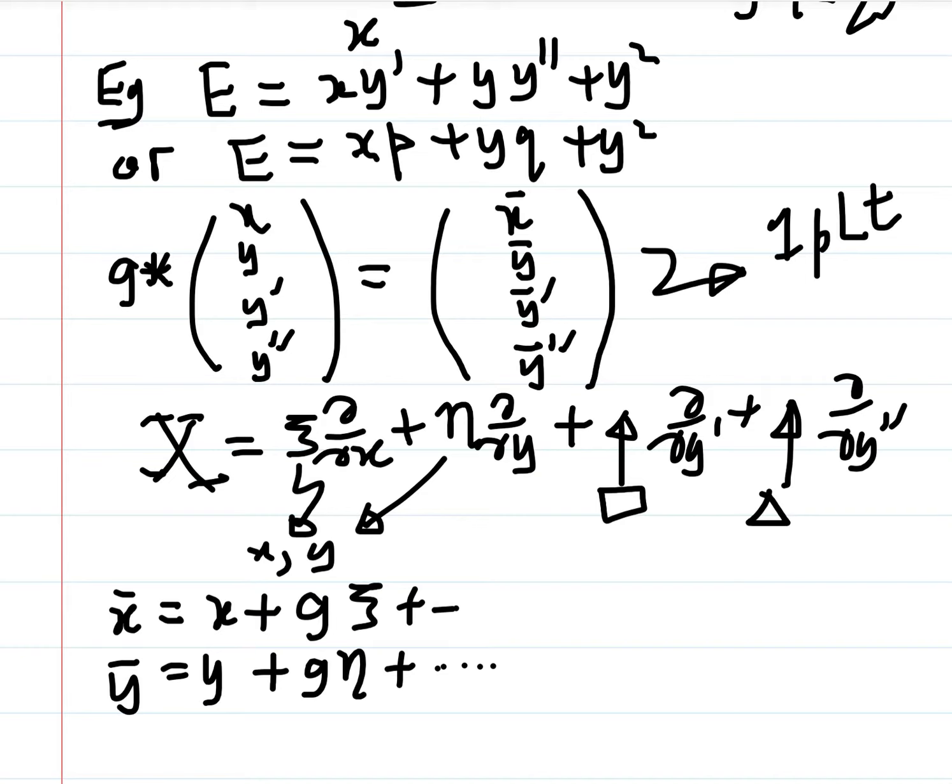Therefore, to determine the coefficient of dy dashed and dy double dashed in the vector field, we need to expand y bar dashed and y bar double dashed and determine the coefficient of g. That will give us the respective coefficient of dy dashed, and when we expand y bar double dashed and take the coefficient of g, that should give us that term in the vector field.